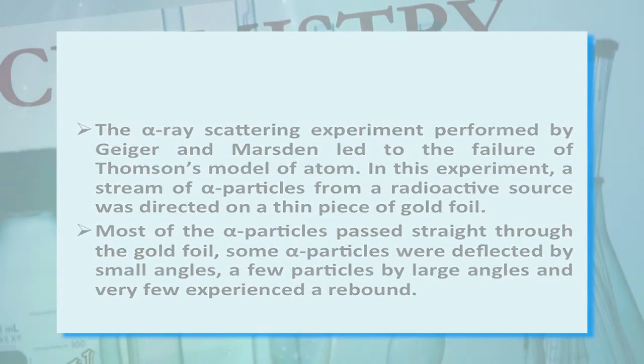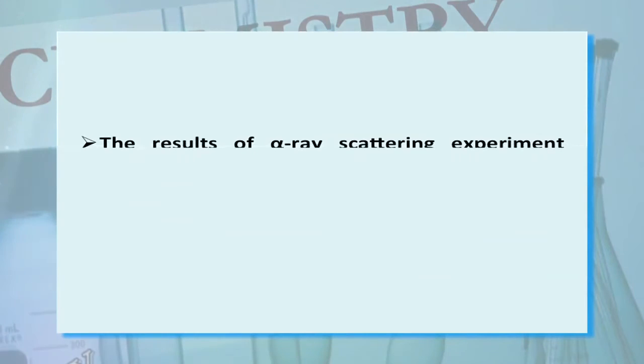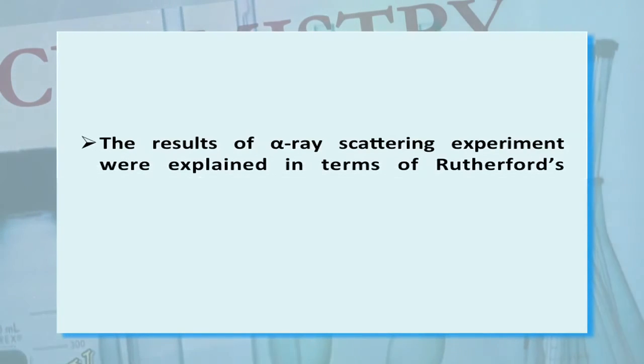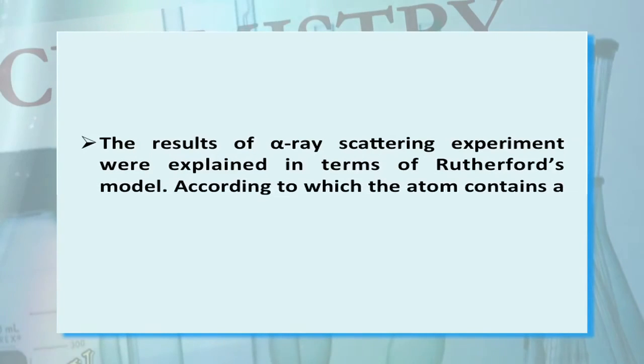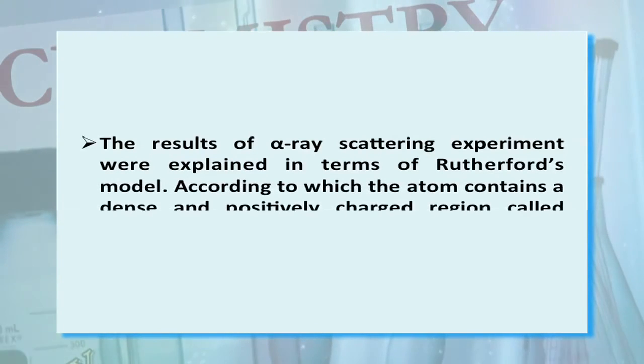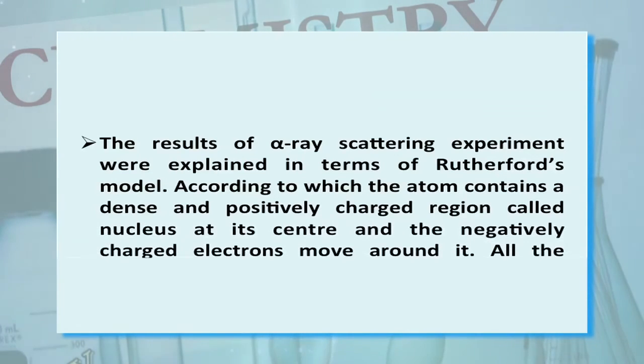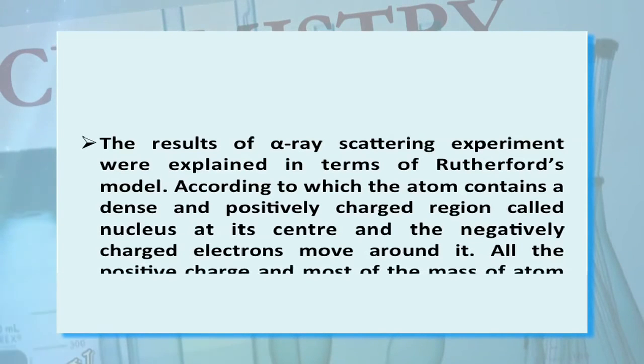The results of the alpha ray scattering experiment were explained in terms of the Rutherford model, according to which the atom contains a dense and positively charged region called the nucleus at its center, and negatively charged electrons move around it.